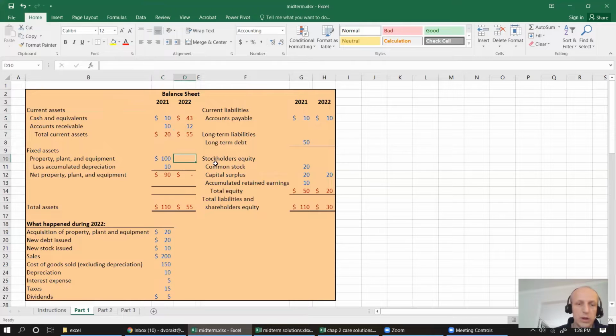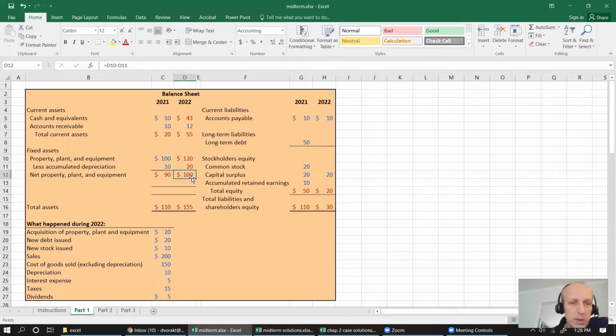We also know what the property, plant, and equipment is going to be. It's going to be the initial one plus the acquisition of $20, but we're going to have to subtract the accumulated depreciation, which is the initial accumulated depreciation plus the 2022 depreciation, which is a total of 20.